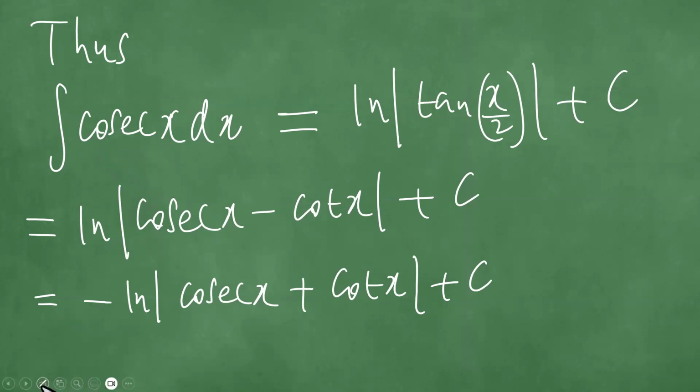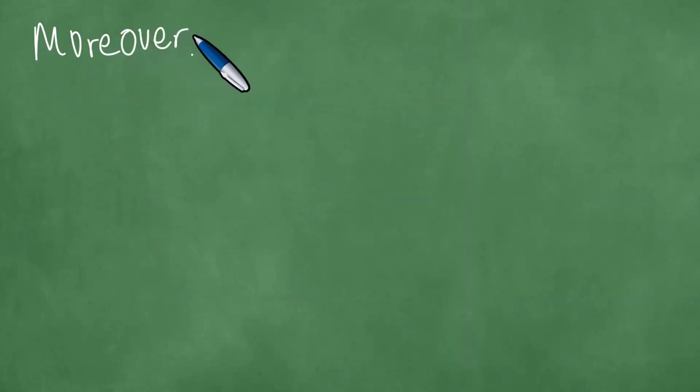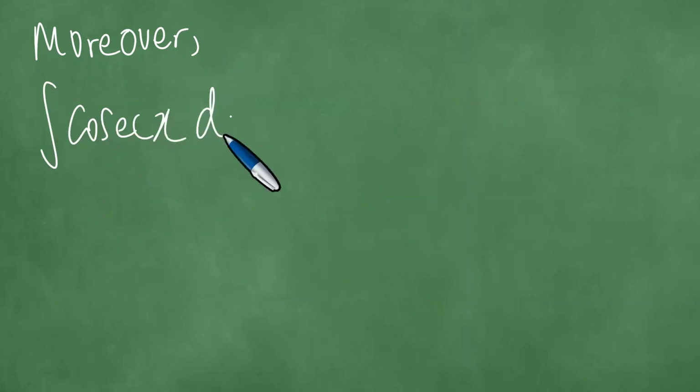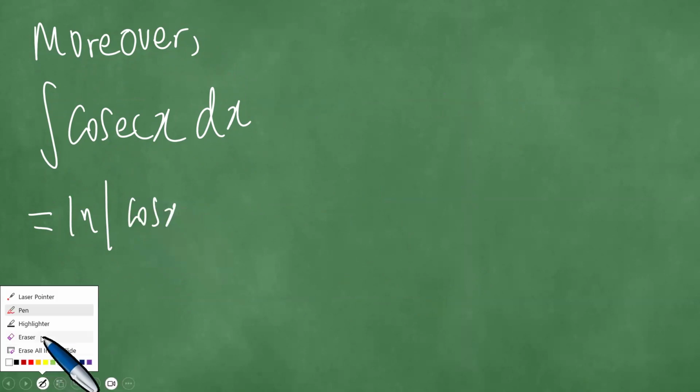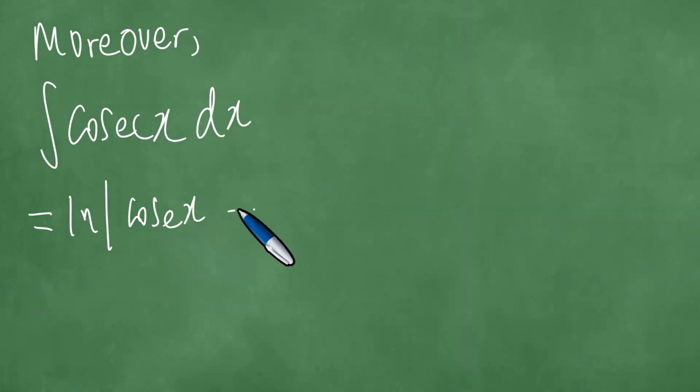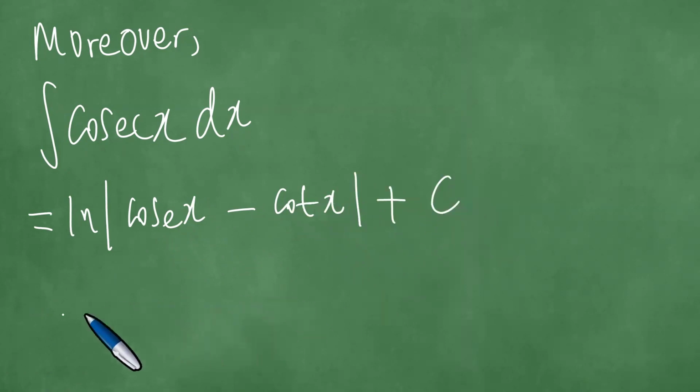The integral of the cosecant. Moreover, if we have the integral of the cosecant of x with respect to x, it is the natural log of the cosecant of x minus the cotangent of x plus c.